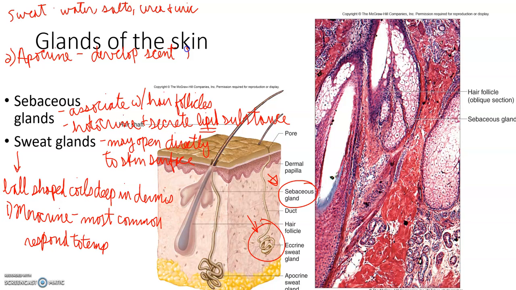So they develop scent because bacteria consume the secretory product.